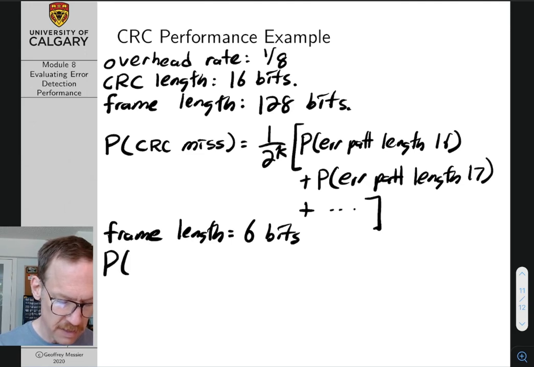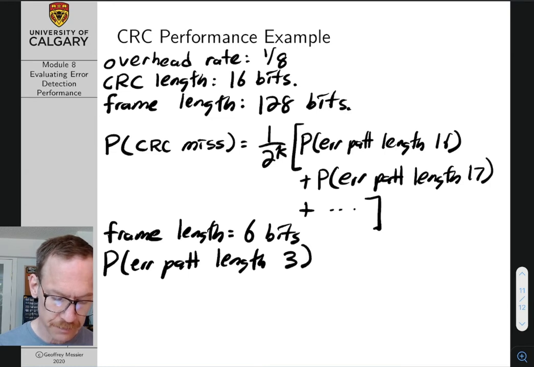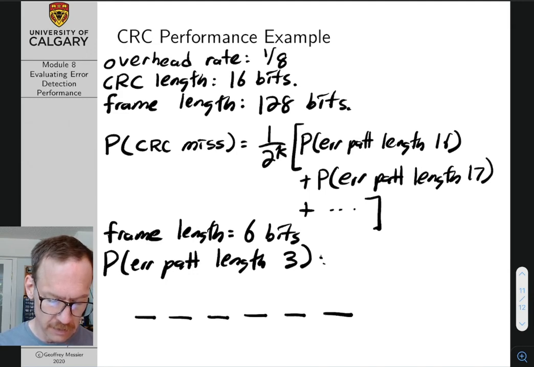And so the probability of having an error pattern of length, let's say, 3, if we were to draw this out, we have 6 positions in our frame, right? So 1, 2, 3, 4, 5, 6.